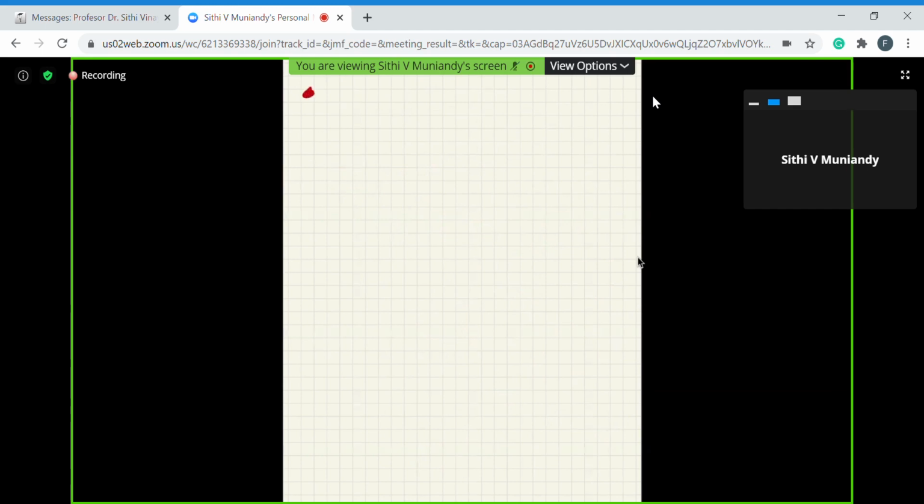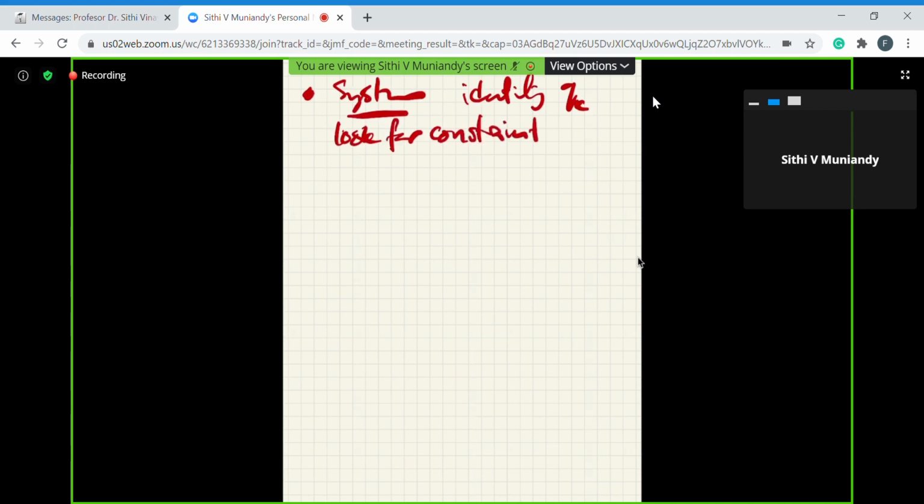For any system, you have to identify the Q_k, there could be many. Identify the Q_k and look for constraints.